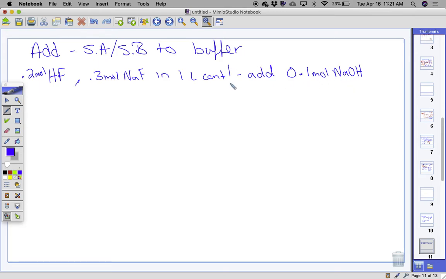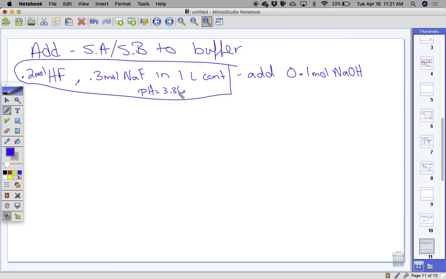We already know that the pH of this system is 3.36. We just calculated it, right? So now we're going to add 0.1 moles of NaOH and see how that changes our pH. Okay? All right. If we have all of this mess, here's the easiest way to do this.